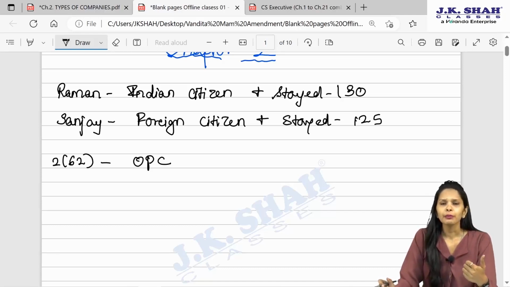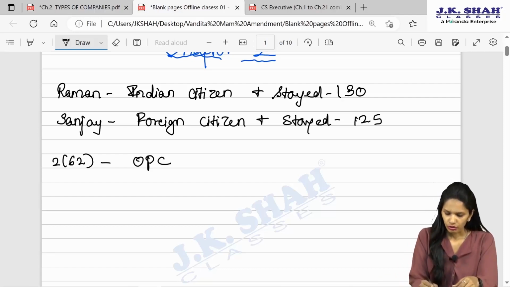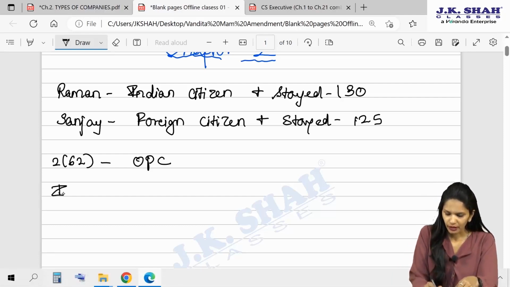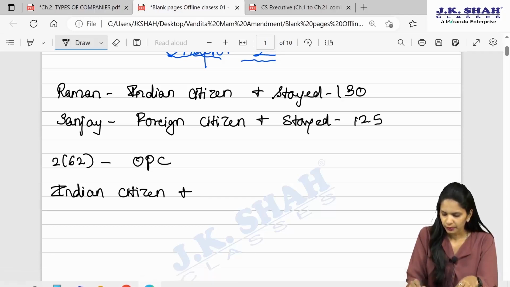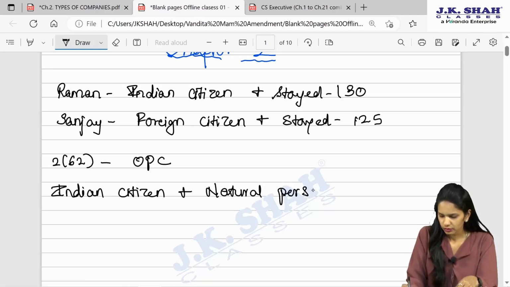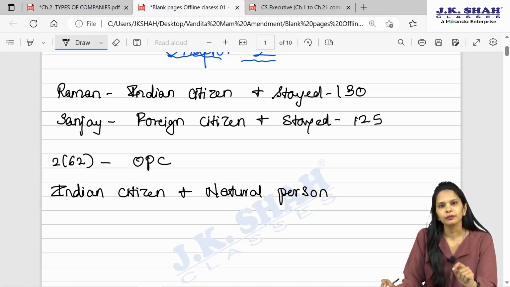So these are the important requirements. The first requirement is Indian citizen. Along with being an Indian citizen, the person has to be a natural person. Okay, so Indian citizen and natural person.